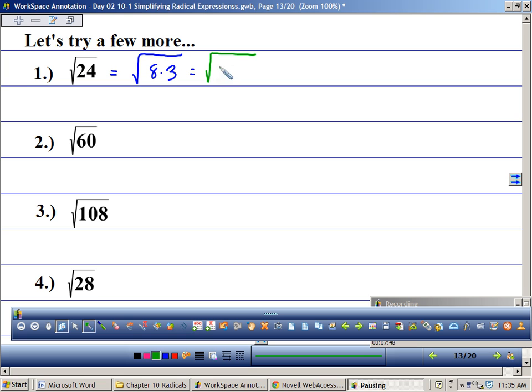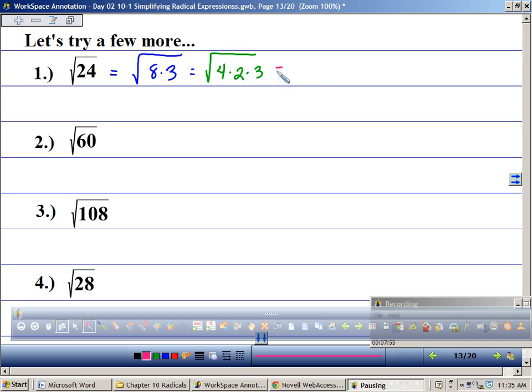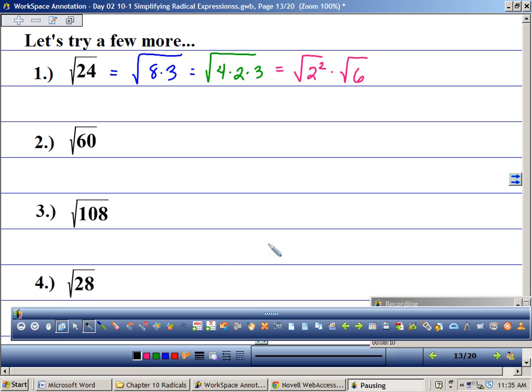I see 4 times 2 times 3, which equals, can I break them all up? I don't really need to, I can say 2 squared times, is there any square in 2 and 3? No, so I can actually just combine those, which is 6. So finally I have 2 rad 6.